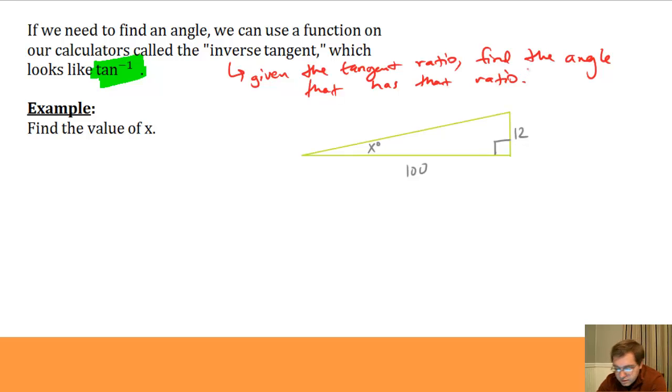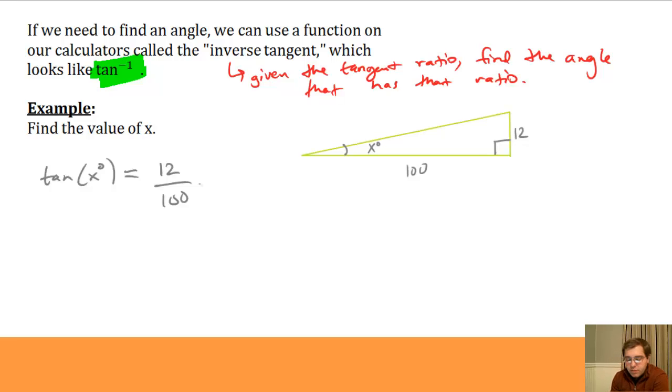So for example, let's find the value of x in this triangle. X is a number of degrees. That is the measure of this angle in the bottom left of our triangle. And I happen to know both legs of this right triangle, the leg opposite it and the leg adjacent to it. So that gives me enough information to be able to apply the tangent. Because the tangent of x degrees is going to be 12 over 100.